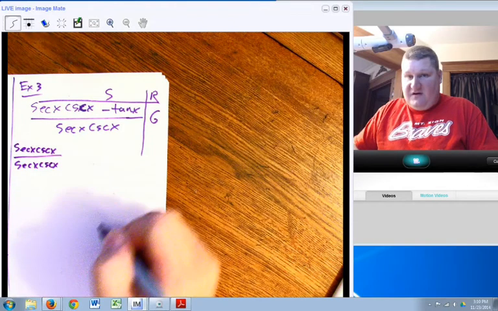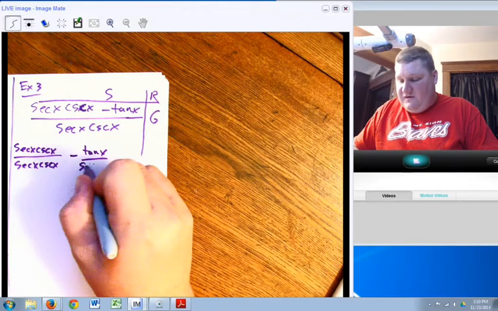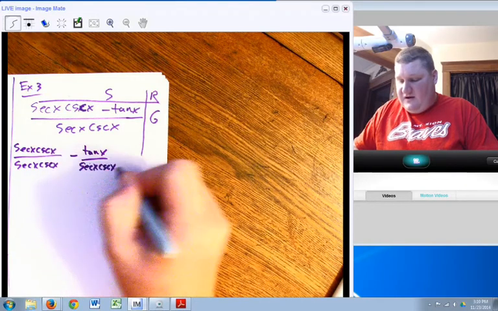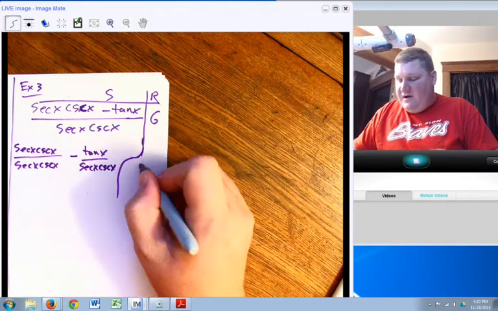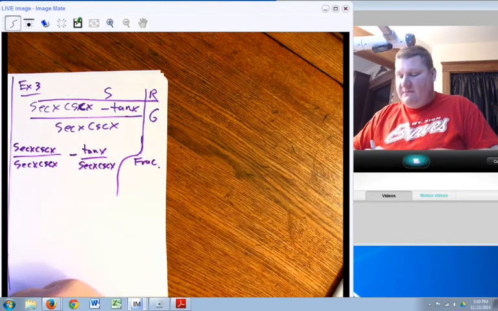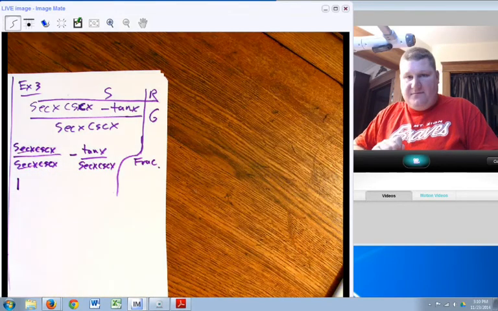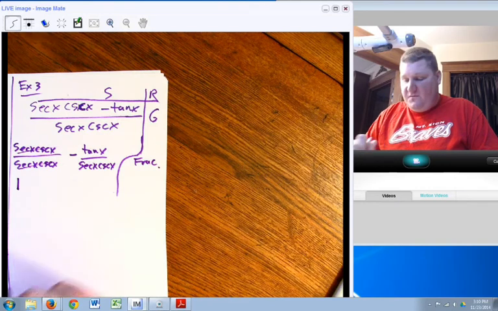Well, that's kind of nice. I like that. Minus tan x over secant x cosecant x. And that's nothing but fractions. Okay? Now, this cancels out, leaving 1. That is super duper useful.